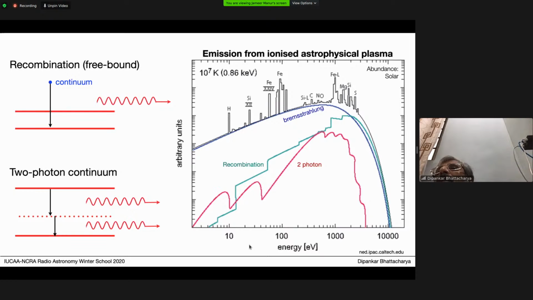Plus, there are bound transitions which produce spectral lines, shown on top with the different species labeled. So this is a typical spectrum that you will see from a hot ionized astrophysical plasma. Most of the continuum is generated by Bremsstrahlung, although there are these other sources of continuum radiation.